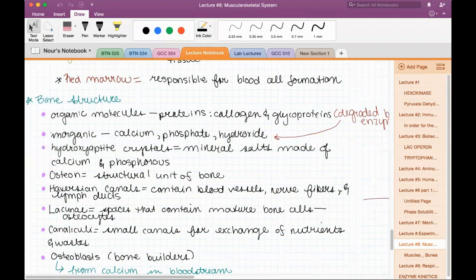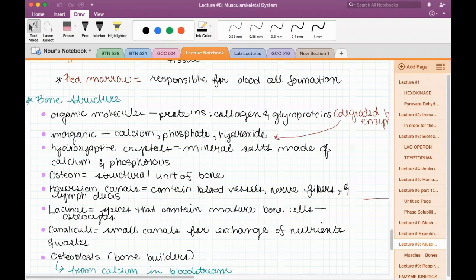Calcium is important, of course, for bones, because when bones are being formed, they take calcium from the bloodstream. So they use calcium to build the bone, and then when the bone needs to be broken down, it gets rid of calcium.